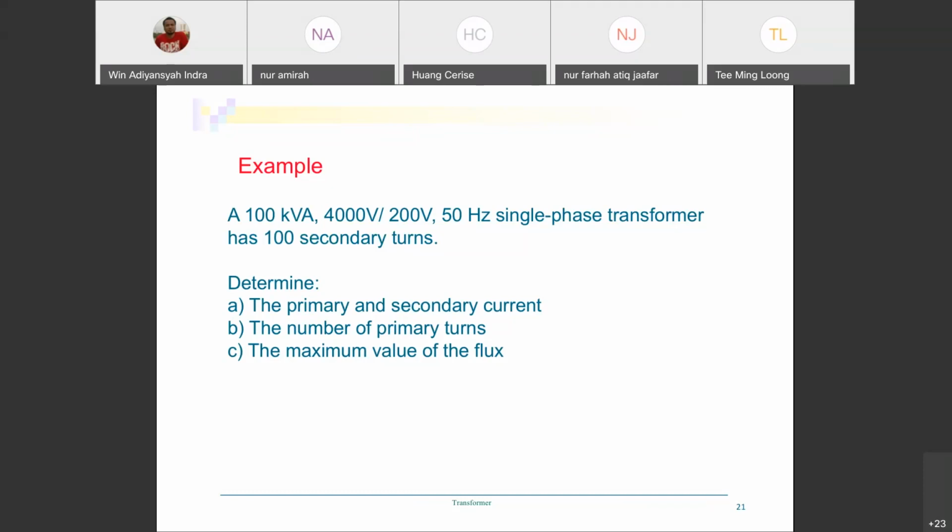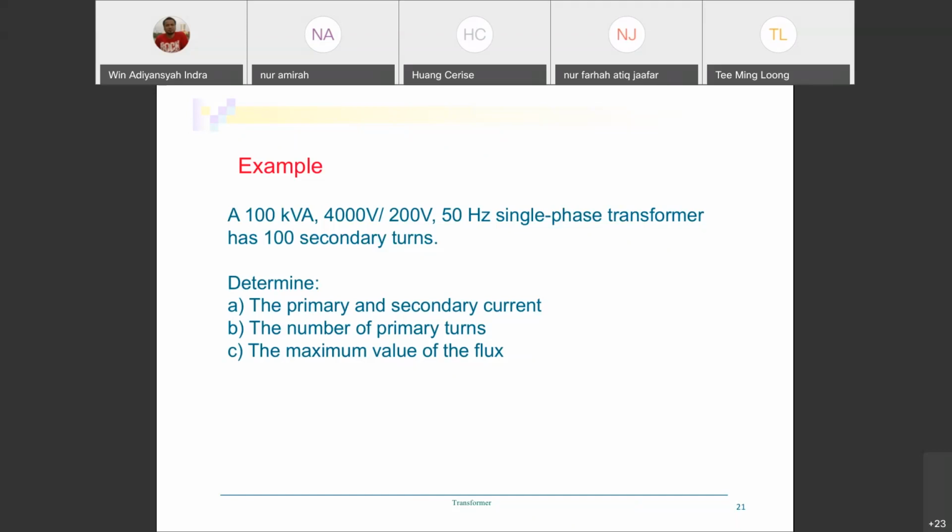And 100 secondary turns, that is NS. Okay? NS. Part A, primary and secondary current.